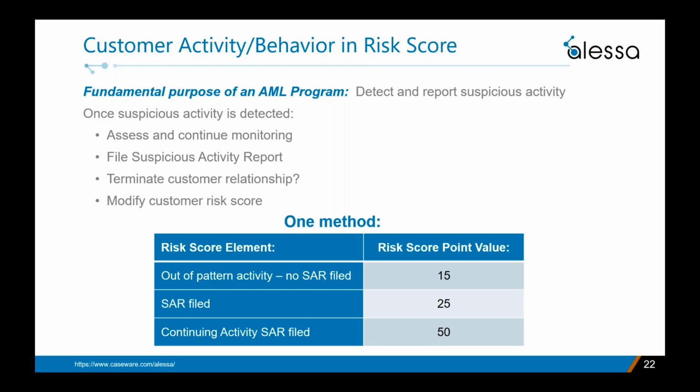Then another could be SAR filed, and yet another could be continuing activity SAR filed, meaning they're continuing to do the same suspicious stuff after the first reported activity. Each one is worth more points, so it would push the customer's score into a higher or highest score range, and then the transaction monitoring threshold in the AML system would reflect that high risk.